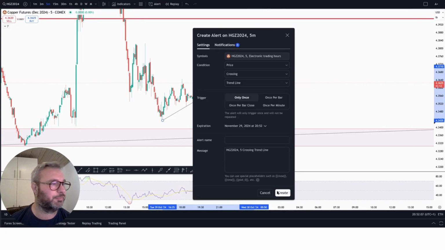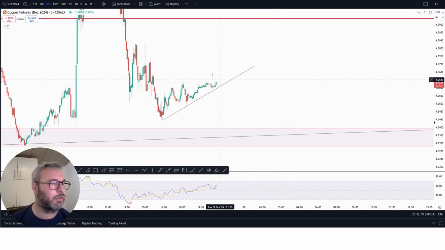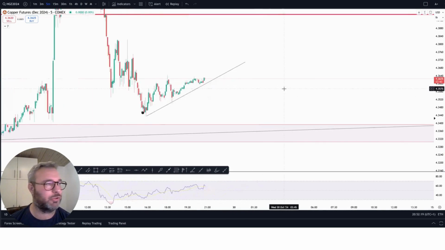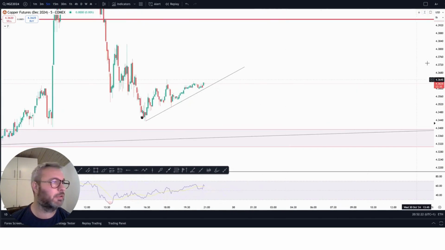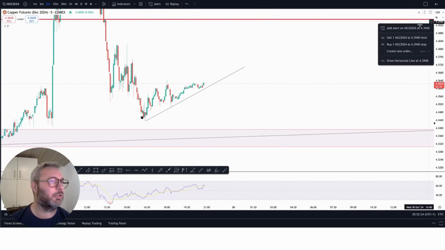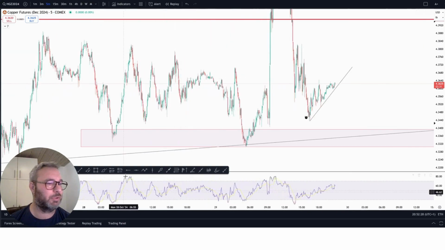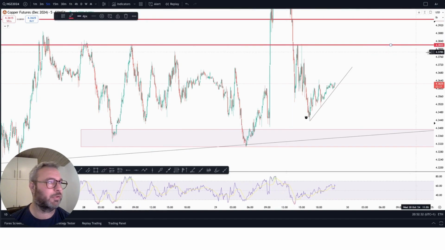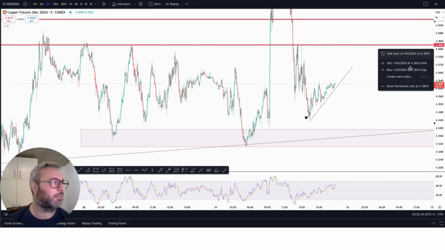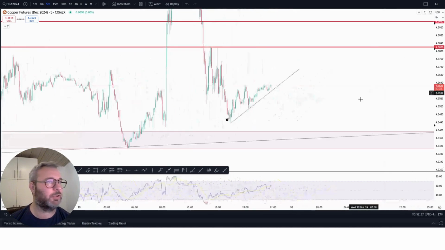Alert. So when the price would break the trend line, I would like to see if there becomes some bearish divergence down here. Then it might be a good short. And an alert up here as well. You know what? I want to have this one here too. So an alert here. Yeah, that was it for Cover.